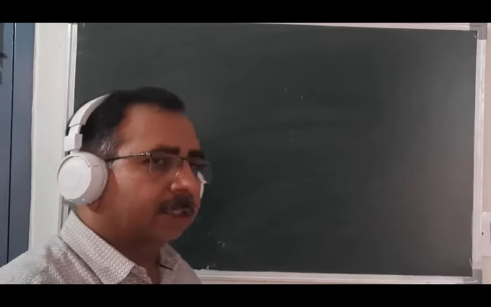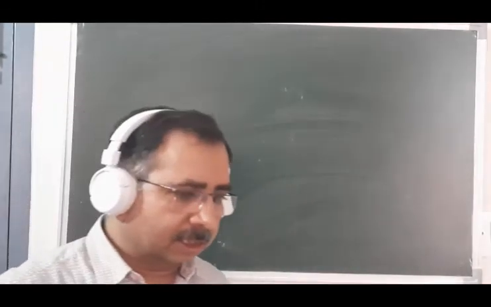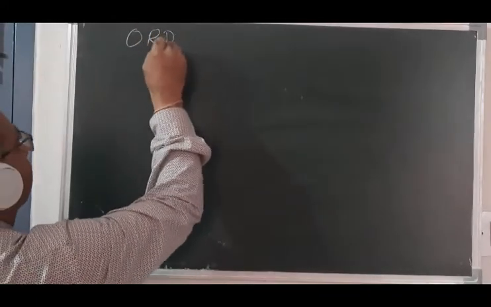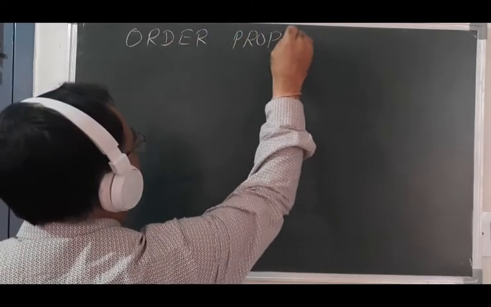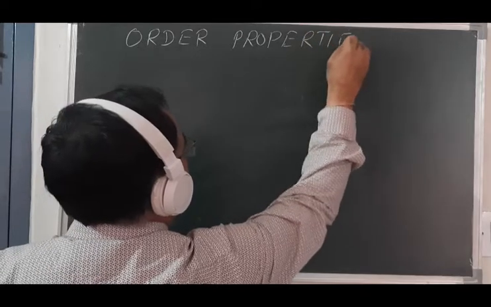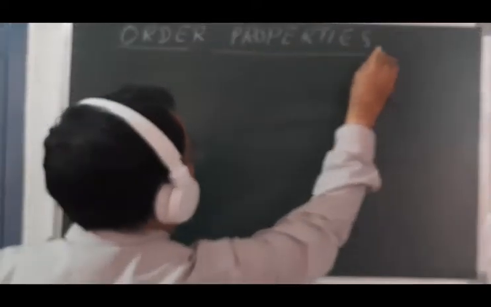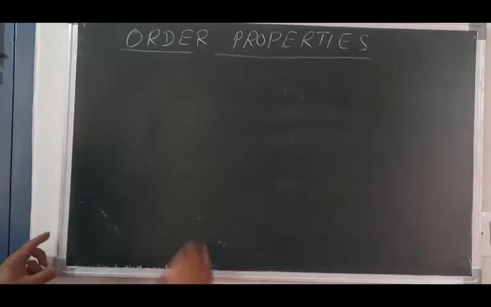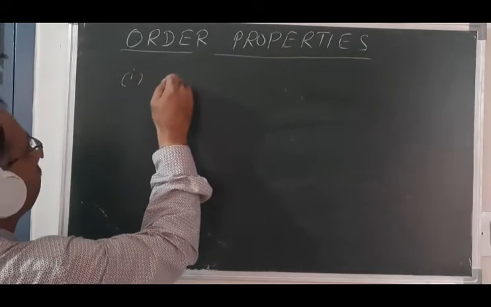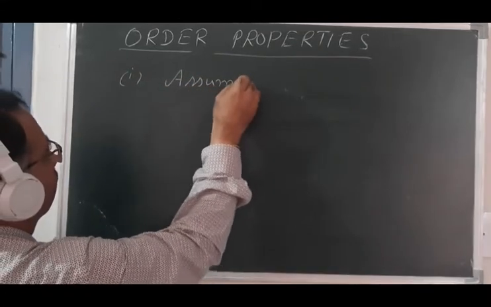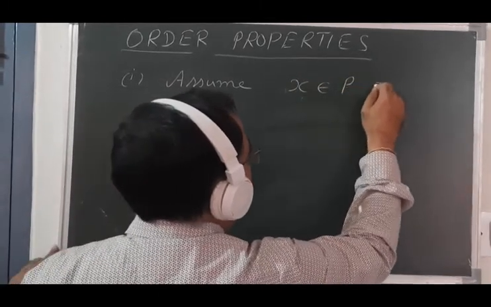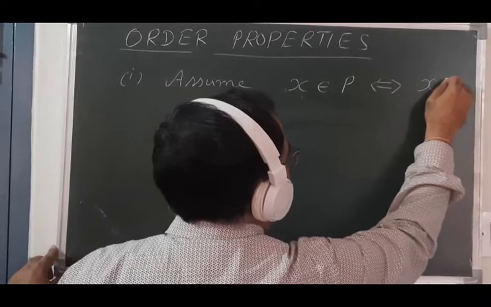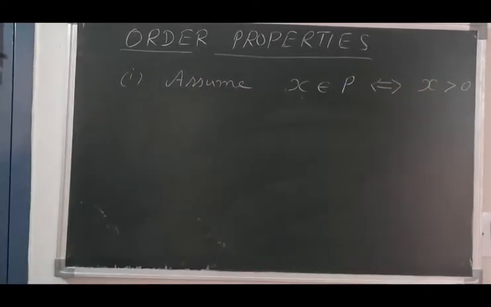Now, using this set of positive reals, we shall now give some order properties on the set of real numbers. So first is assume x belongs to P if and only if x is greater than 0.